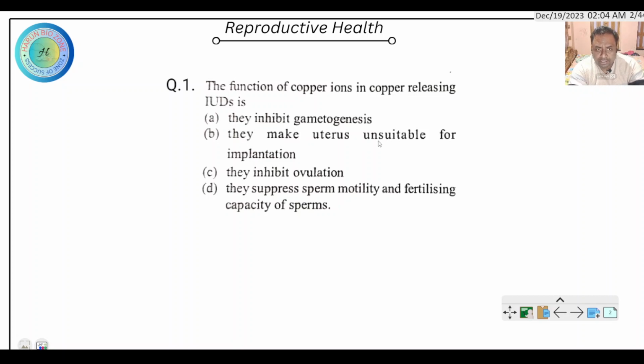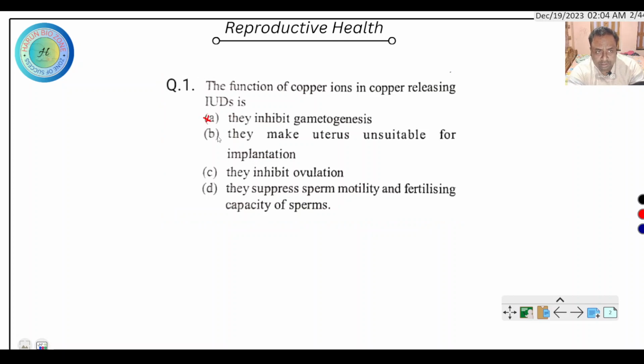They make the uterus unsuitable for implantation. Here the question wants to say that the copper ion released from the intrauterine device may inhibit gametogenesis. No, this is not the right answer, so A is not right.